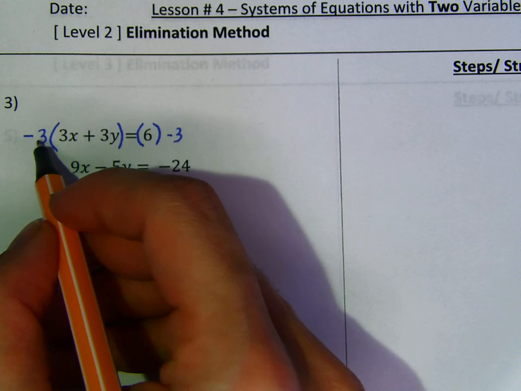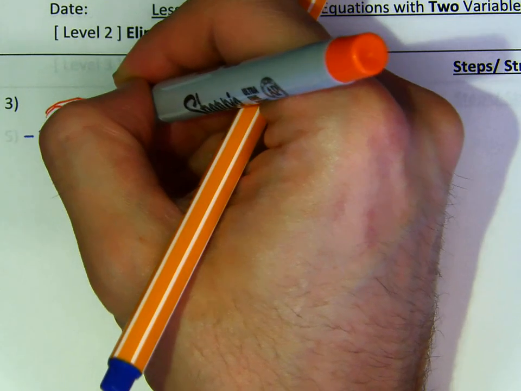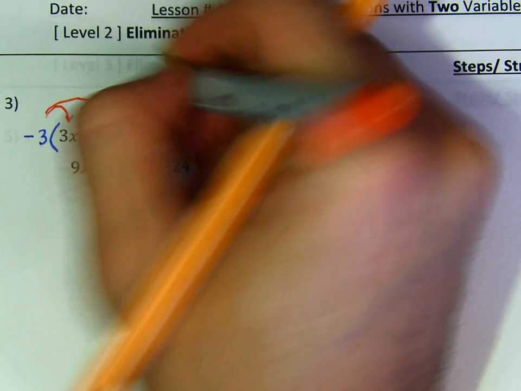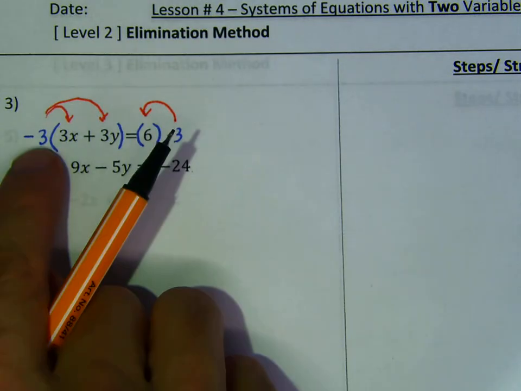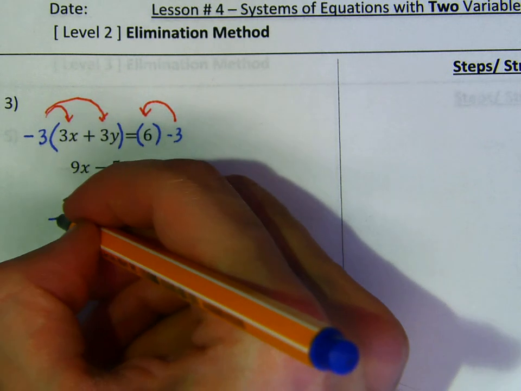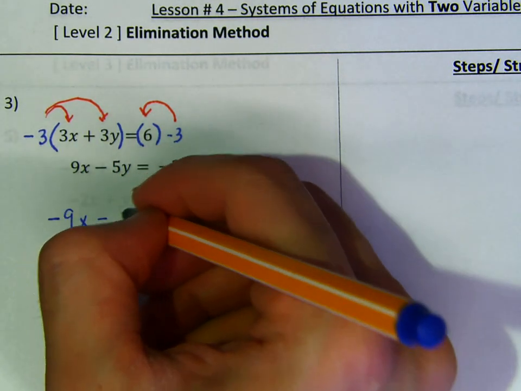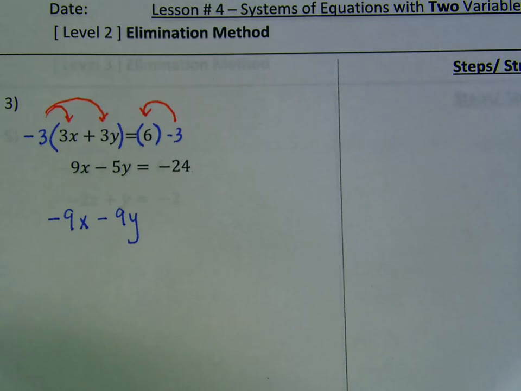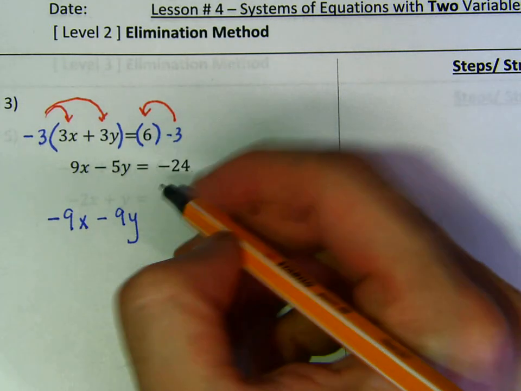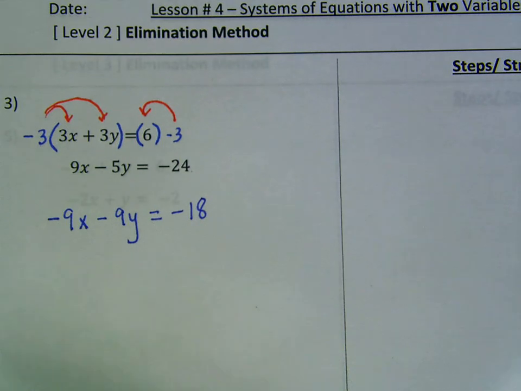This -3, if I were to multiply it into the whole entire thing: -3 times 3x is -9x. -3 times 3y is -9y. And 6 times -3 is -18.